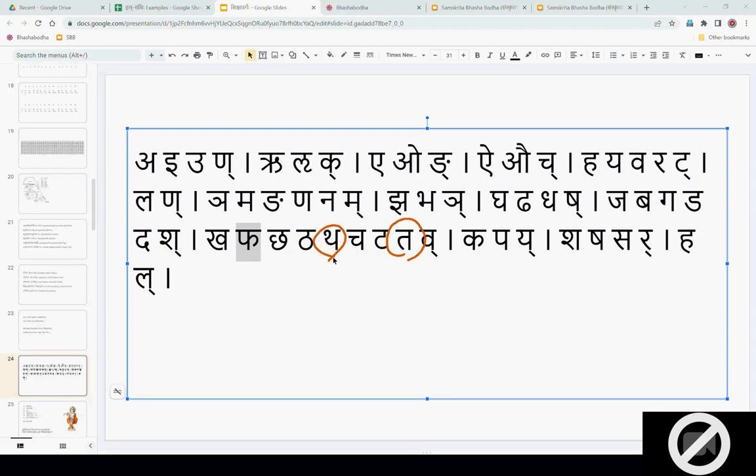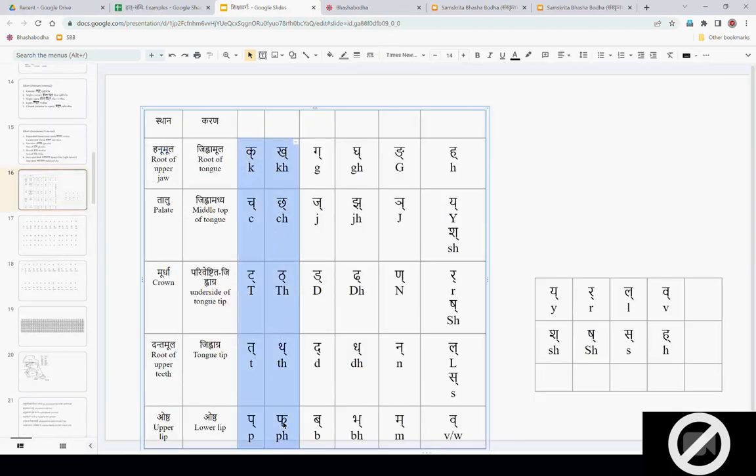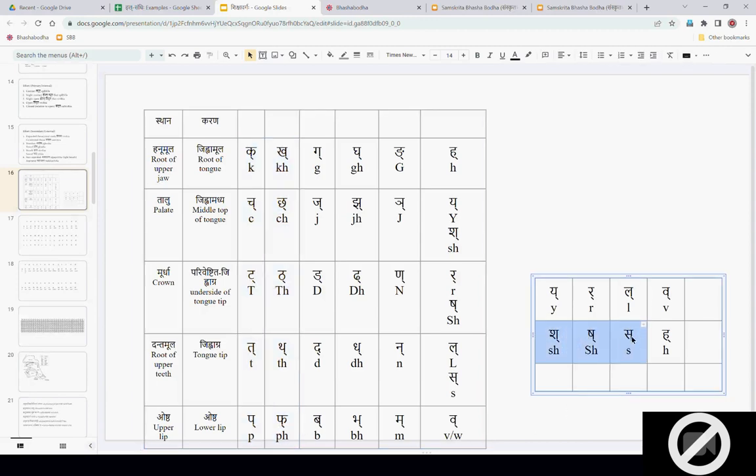Then ta is there, tha is there, right? Right. Yeah. And then these sibilants, sha, sha, sa. So that means this khar pratyahara has the consonants in the first two columns, and these three sibilants.